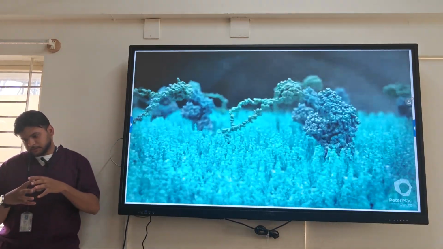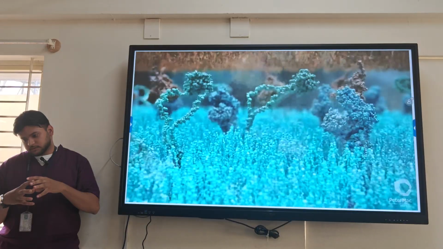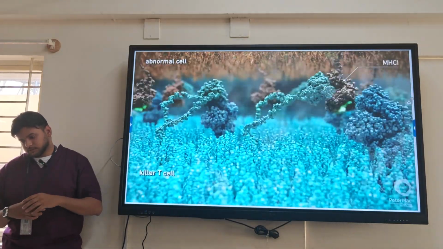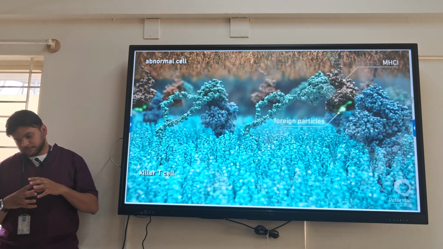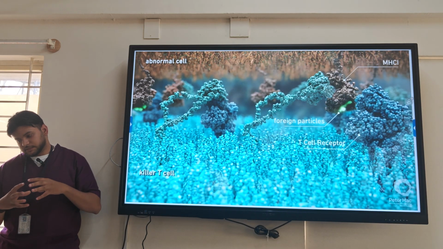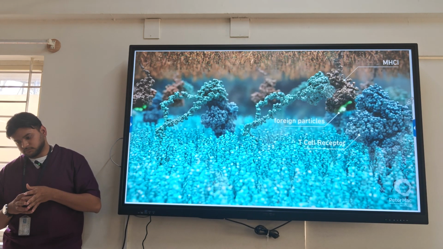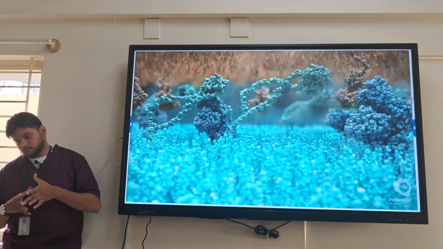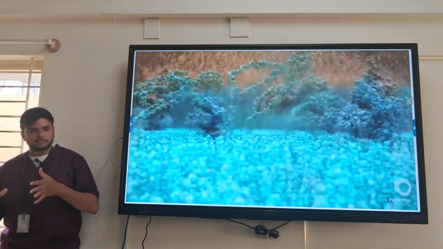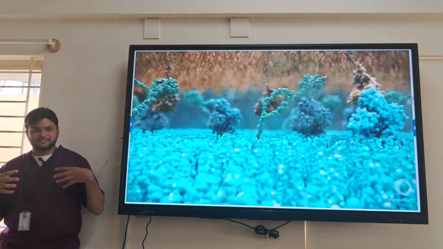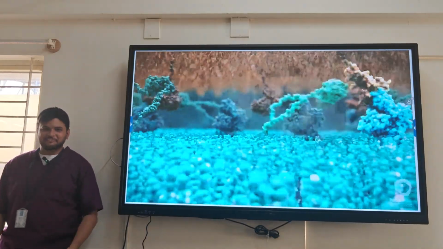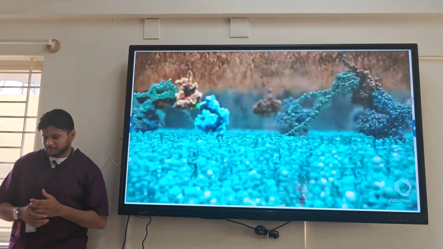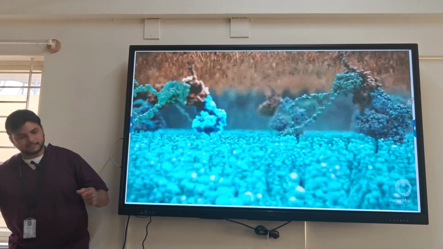See, now it has attached to the foreign particle through the T cell receptors. This is happening in everybody's cells, which have these kinds of proteins and glycoproteins. It got attached there.